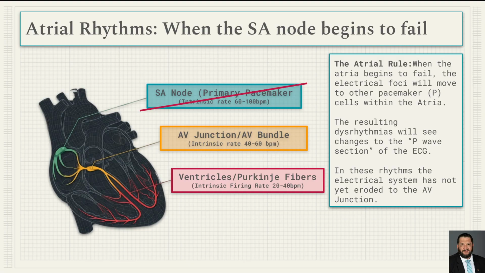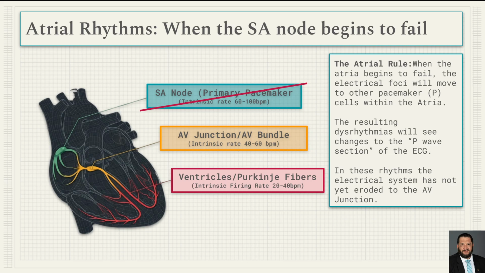Okay, let's discuss some other rhythms that exist above the junction but occur when the SA node begins to fail. As we talked about in the anatomy and physiology sections and the preparatory sections of cardiology, the normal firing node, the normal foci, is the SA node. But as that electrical system starts to fail, the pacemaker will degrade its way down the heart.